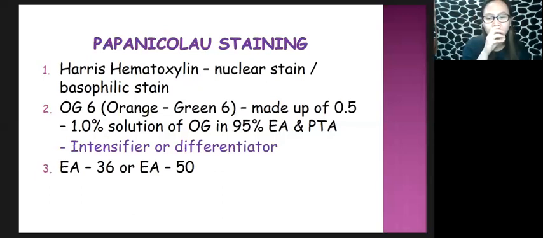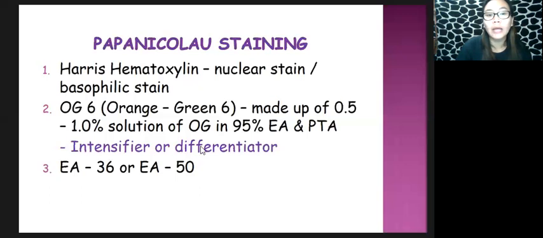I repeat, it is a counter stain for the cytoplasm of your mature superficial cells. In particular, your OG6 is made up of a 0.5 to 1% solution of orange green in 95% ethyl alcohol and phosphotungstic acid. This serves as an intensifier or a counter stain.